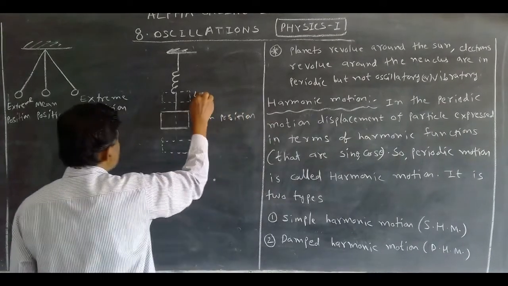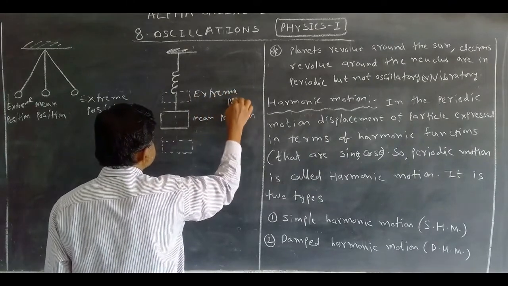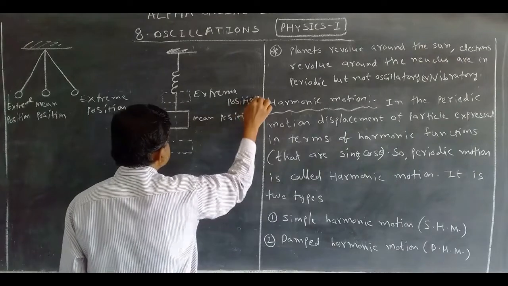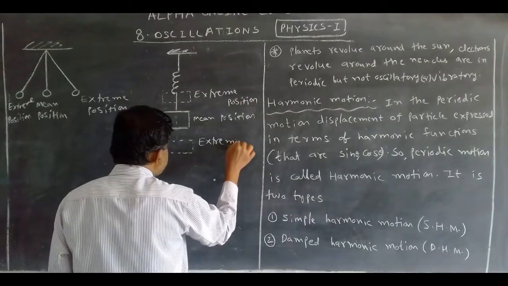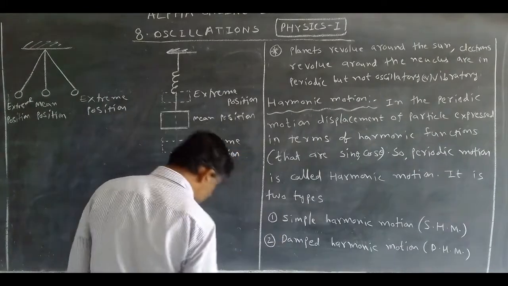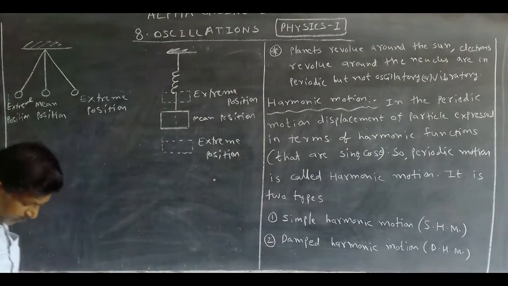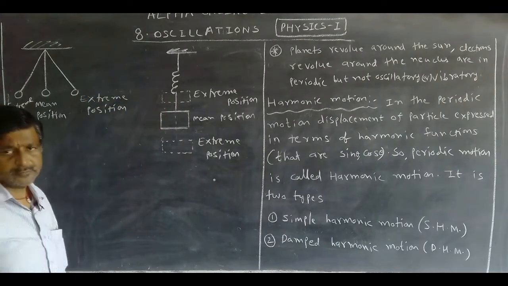What is this called? Extreme position. It is also called extreme position. Okay, this is about the pendulum. It moves like this, to and fro, up and down.